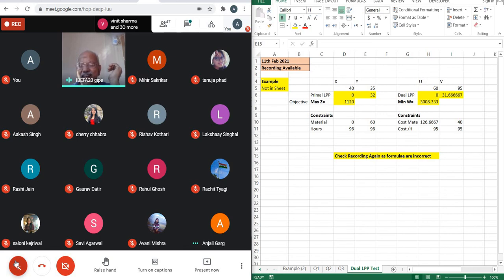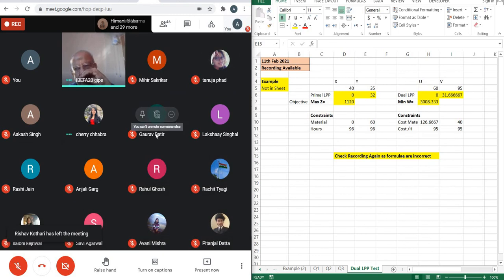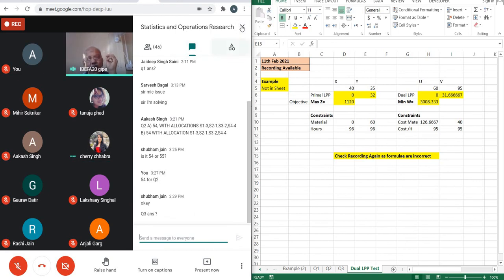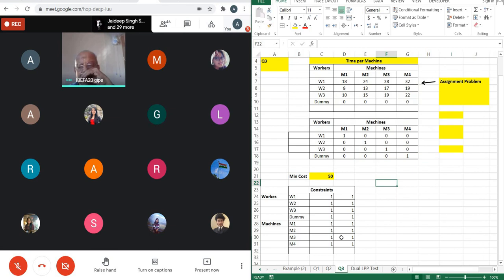Okay, do you follow the last work I introduced? Yes, sir. Okay. Cherry Chabra, how do you find the last introduction? Sir, it is very interesting. Okay, something new. But to still learn, we have to work on an example to make you understand what is dual and sensitivity analysis. Yes, sir. I know how to solve primal. I understood that from CT, but dual is something that I want to learn more about. Okay, we will.